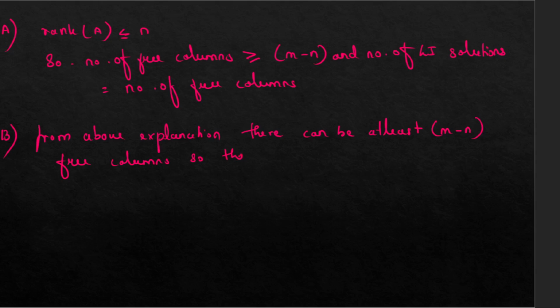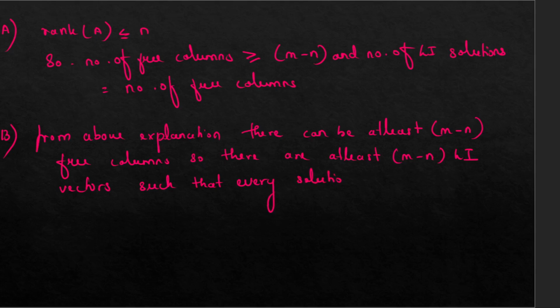So there are at least m minus n linearly independent vectors such that every solution is a linear combination of these vectors.